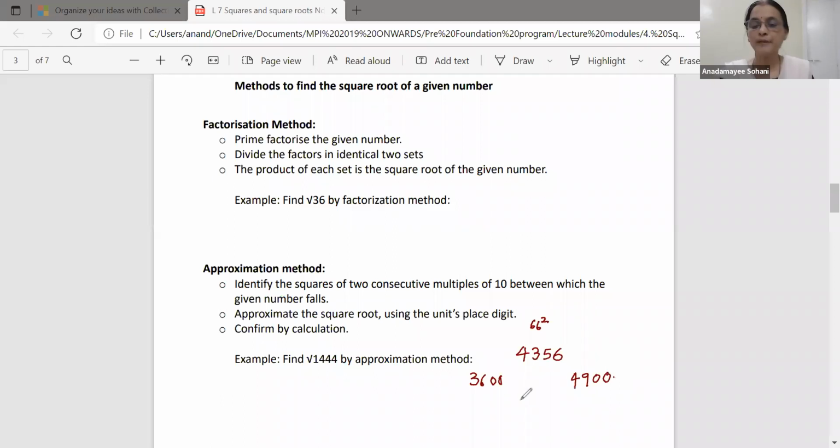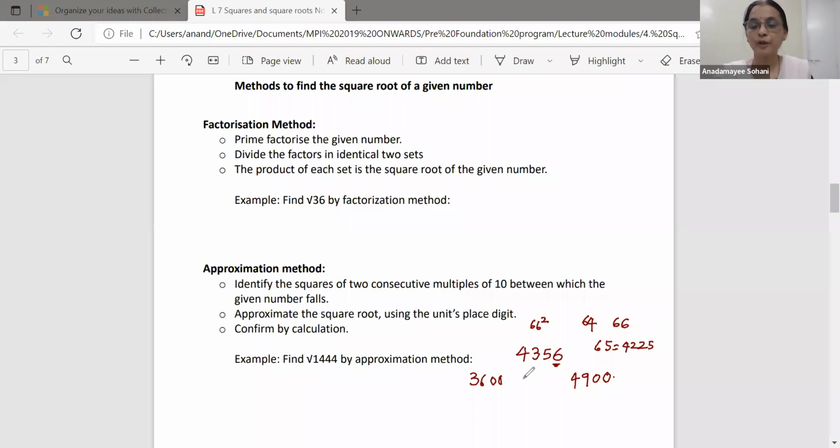And because the square is ending with 6, the square root will end with 4 or 6. So this is possibly the square of 64 or 66. But 65 square is 5 5s are 25 and 6 7s are 42.